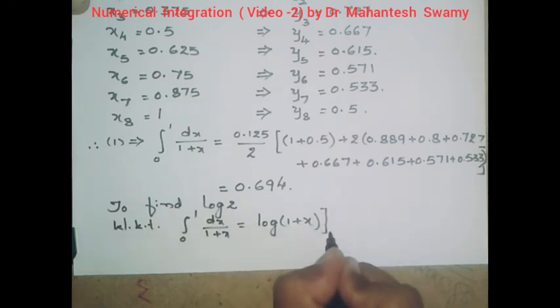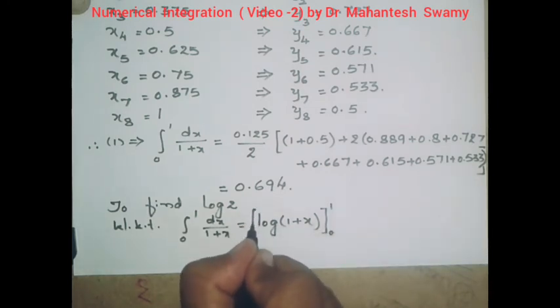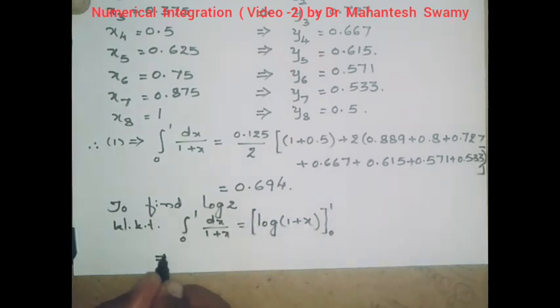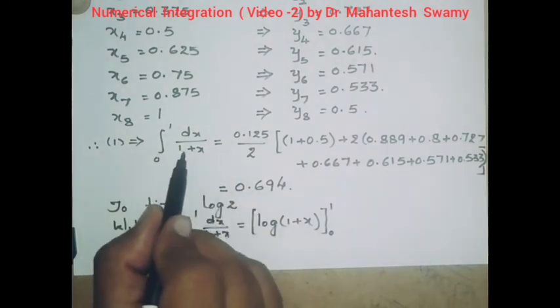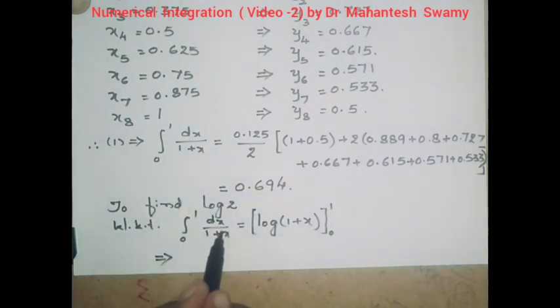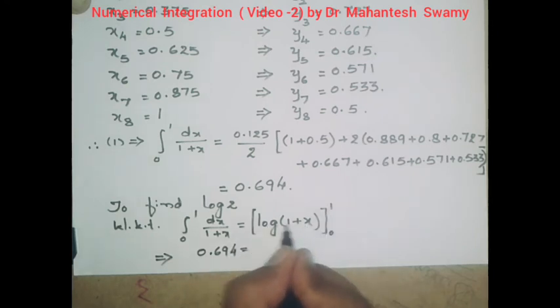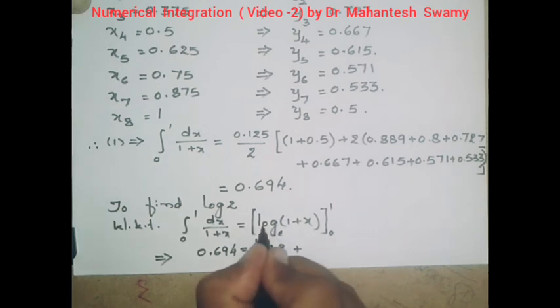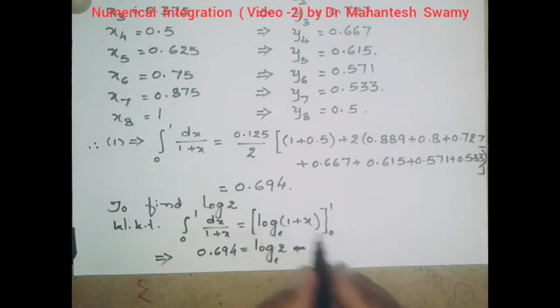The limits of integration are 0, the lower limit, and 1, the upper limit. From the previous computation, we know the value of this integral is 0.694. So on the RHS substitute the upper limit, log of 1 plus 1, it is log 2, base e, minus log of 1 plus the lower limit 0, that is log of 1.